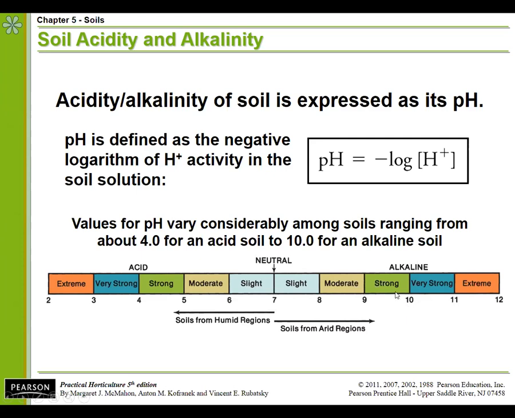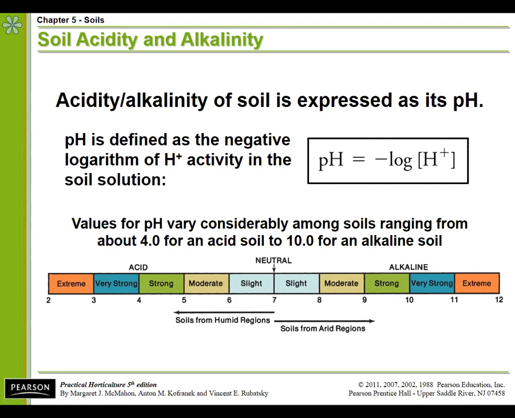So the closer we get to 0, the more acidic it is. The closer we get to 14, the more alkaline or basic it is. And 7 is the neutral mark. And generally, the soils that we want are hovering right around neutral.